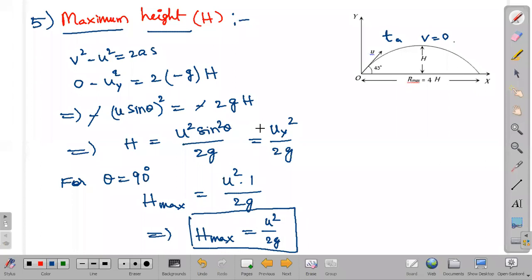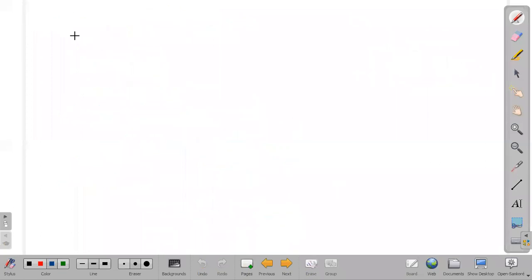And one more part is left out, that is the relation between range and this maximum height. That I'll do here itself. Let me complete that and then I'll come back to the doubt session. So here, the relation between this height and range, if I write. What is the height? u square sine square theta by g we have. Now, relation between those two, if I want to write, what is R?